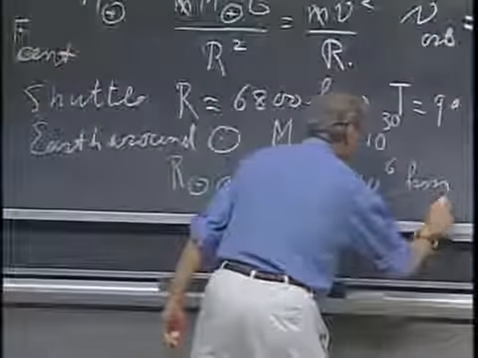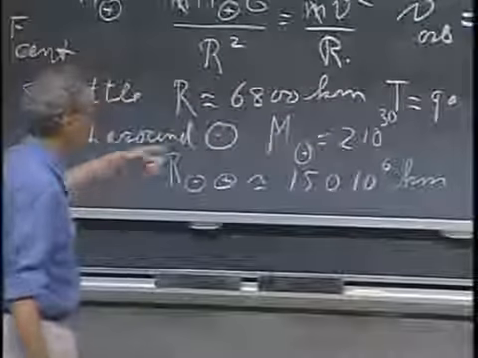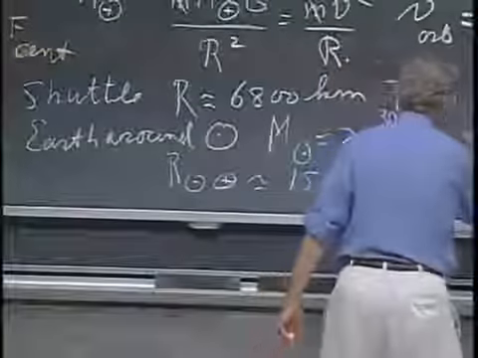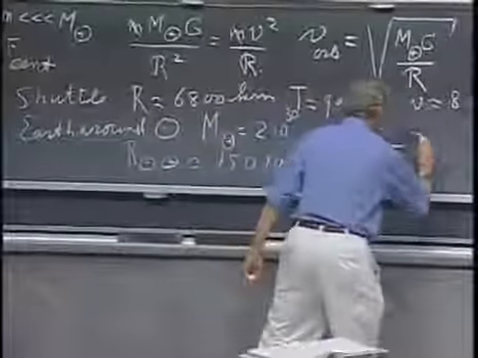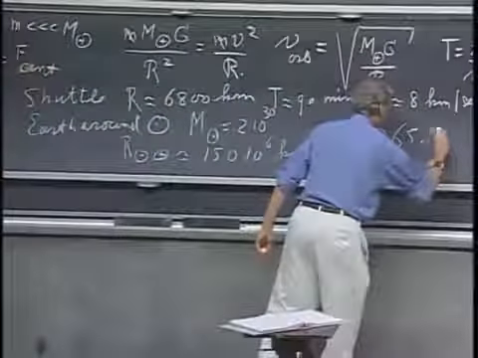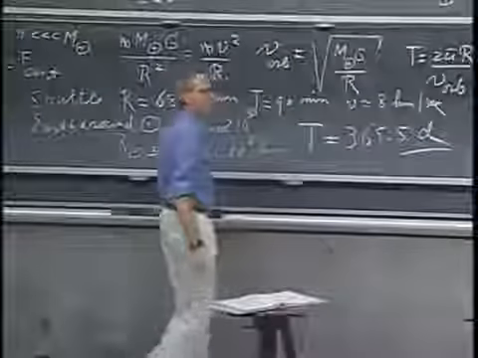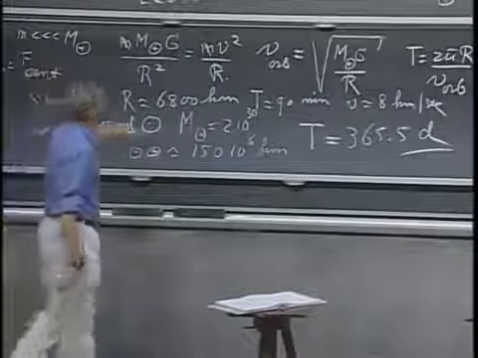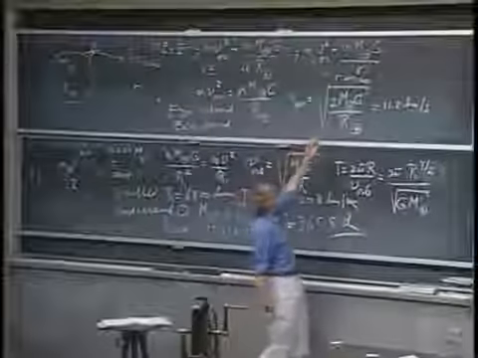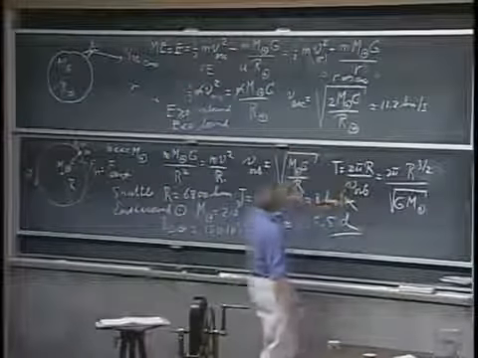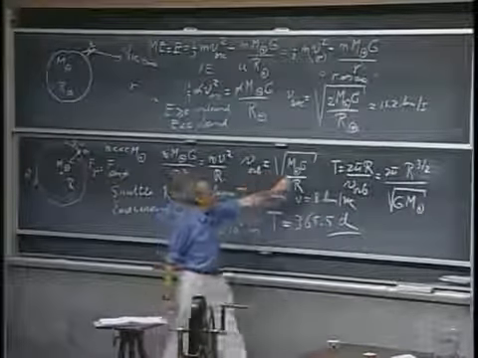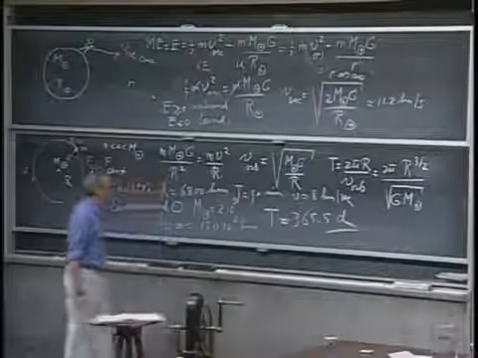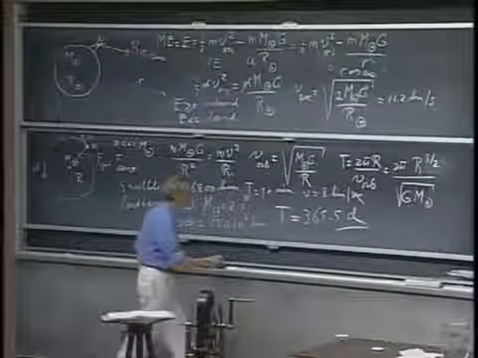Forgive me for mixing up meters with kilometers, but you have to convert that, of course, to meters. And when you calculate how long it takes the Earth to go around the sun, no surprise, you'll find 365.5 days. It is simply substitution of these two quantities in the equations that I have here. The velocity of the Earth in orbit is about 30 kilometers per second.